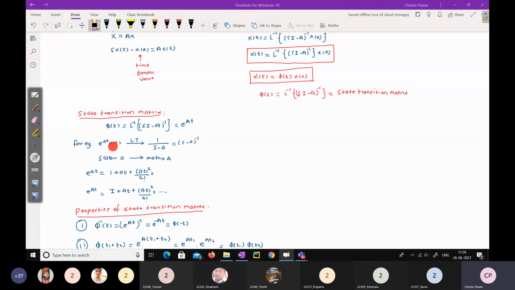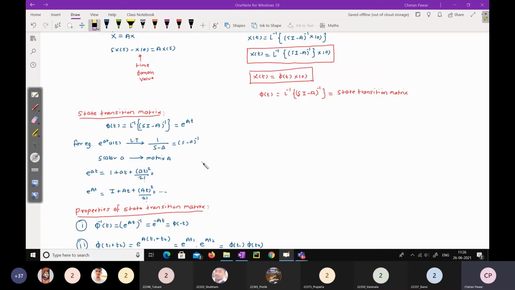Here a is a scalar, but here this capital A is a matrix. And if you see the infinite series for e raised to At, as you know, it is 1 plus At plus and so on. So the first term will be the identity matrix plus A matrix into t. Like this, the state transition matrix is there.